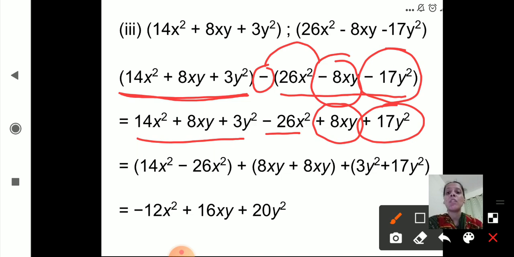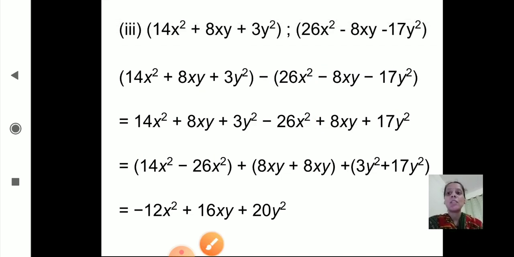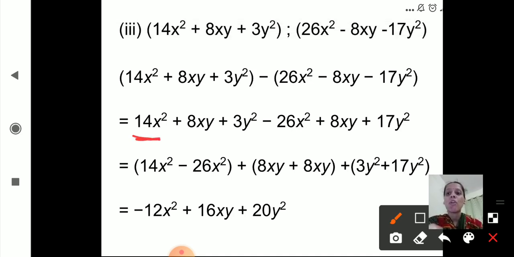Okay, now what is the next step? Yes, we will write down the like terms together. Now which are the like terms here? See, 14x square, the like term for 14x square is what? Minus 26x square. Do not write only 26x square or plus 26x square, it is minus 26x square. So 14x square minus 26x square, this is the first like term. Now the second, plus 8xy plus 8xy, that also we will write down together.